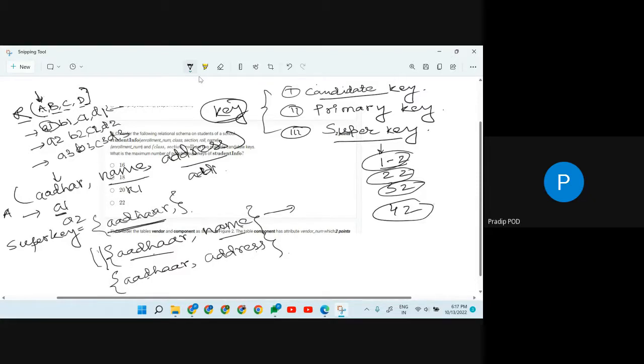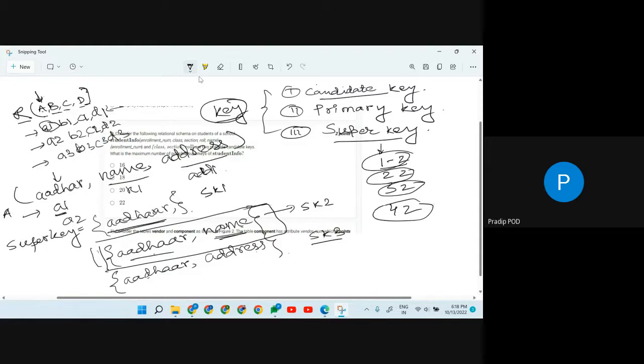So can you tell whether this is your candidate key or not? Anyone? Aadhaar and name. So this is one super key. This is super key 1, this is super key 2, this is super key 3, right?